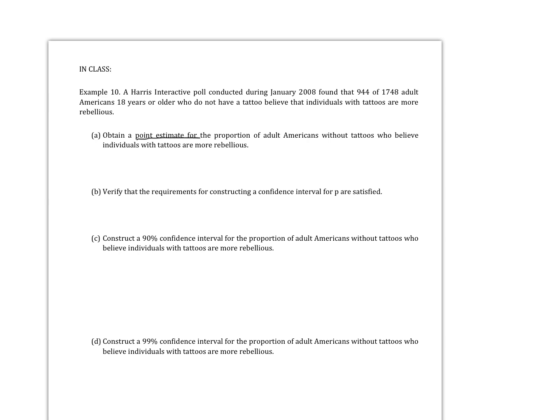Find the point estimate for a proportion. So I'm looking for a p hat. Remember, p hat is however many out of the sample did whatever they're looking for. So what does it tell us? 944 out of 1748. Let's find out what that is. We'll call that 0.54.